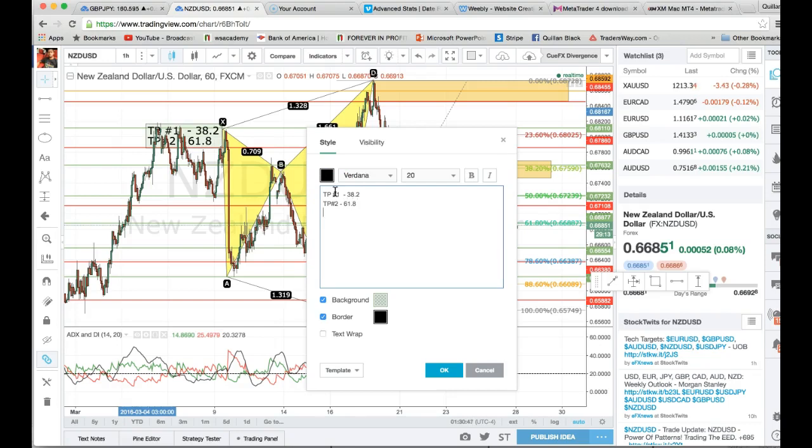These are all PRZ level TPs, guys. 61.8. TP3 would be at 78.6. TP4 would be at 88.6. That is your maximum TP level.